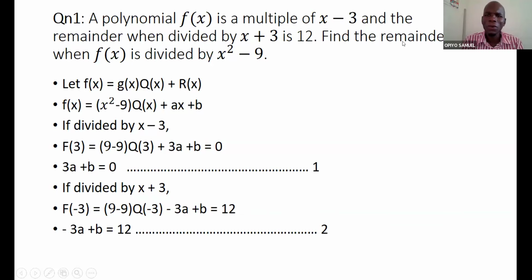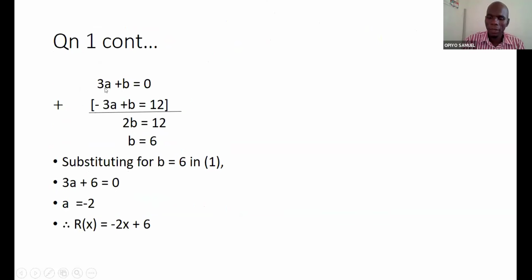We are now supposed to find the remainder when the polynomial is divided by x squared minus 9. When you look at this problem, you realize that the polynomial was not given, and because of that, we need to write it in the standard form.